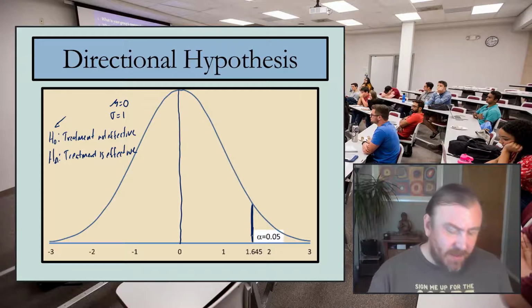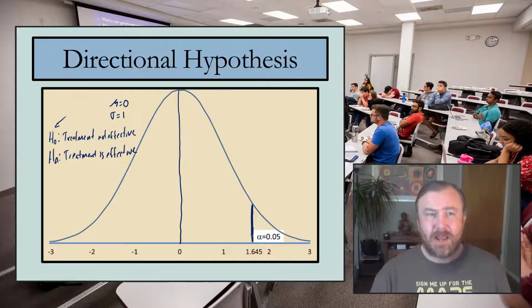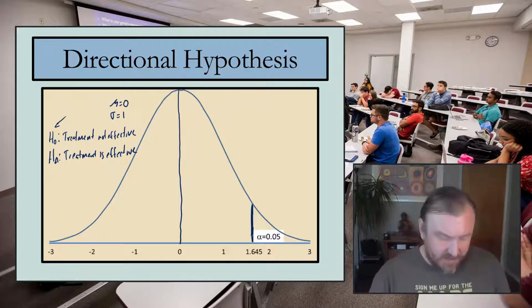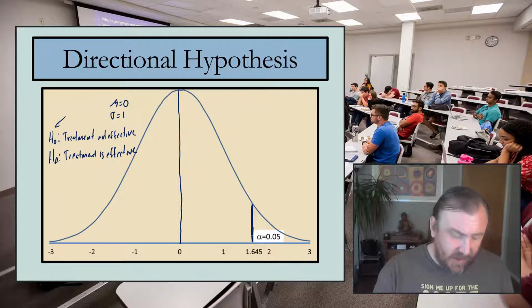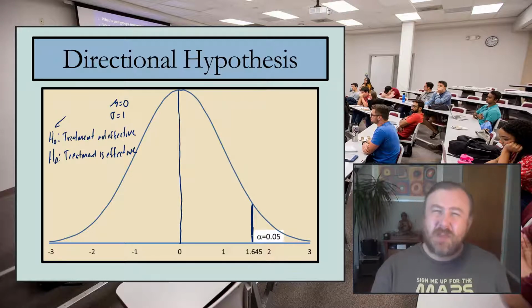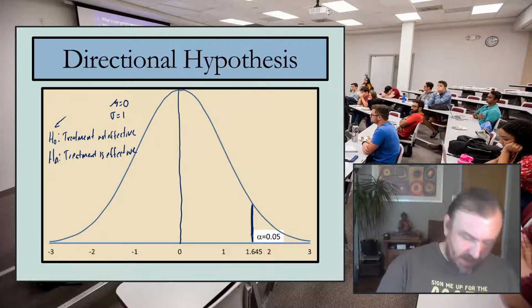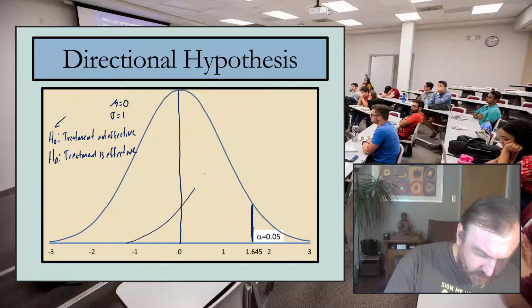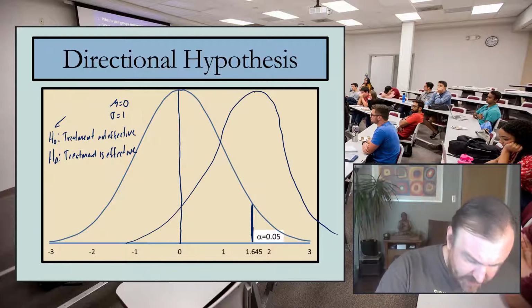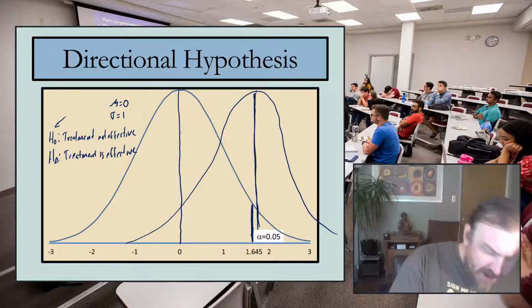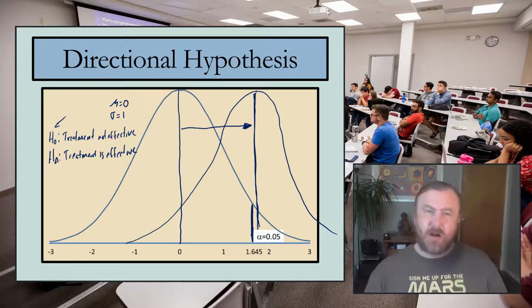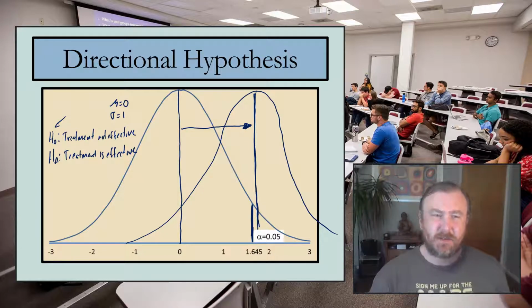So if we know that the well-being score in a population of people who don't receive treatment, for example, is going to have a mean of 0, and then we give people treatment, and all of a sudden we see that this population has a mean way, way, way far away from the people who didn't get the treatment.